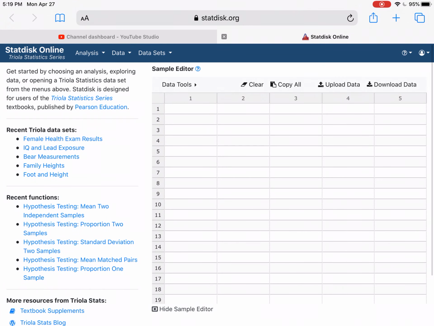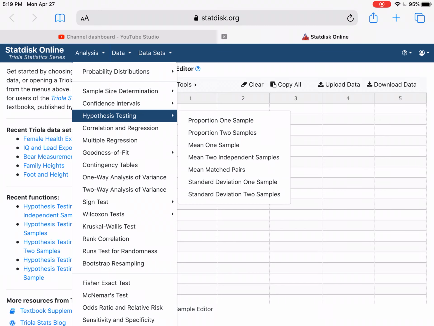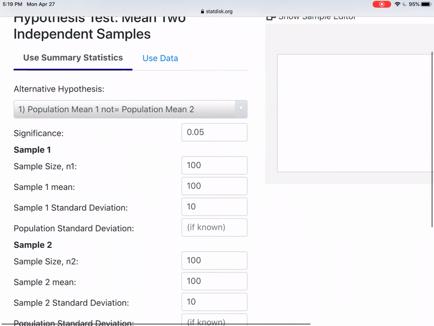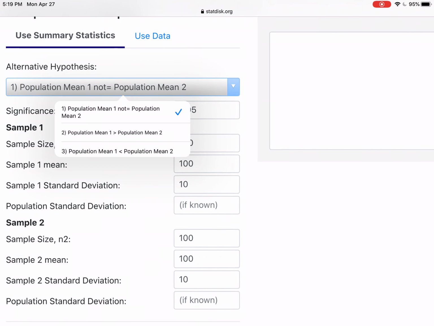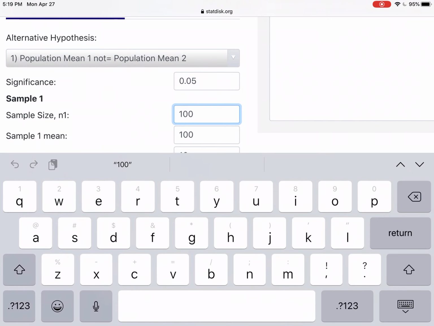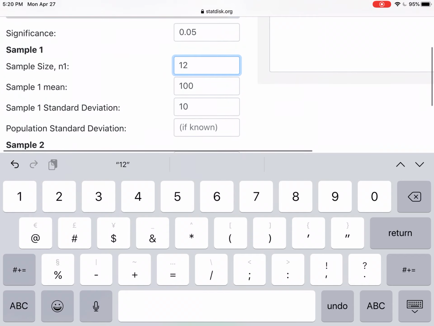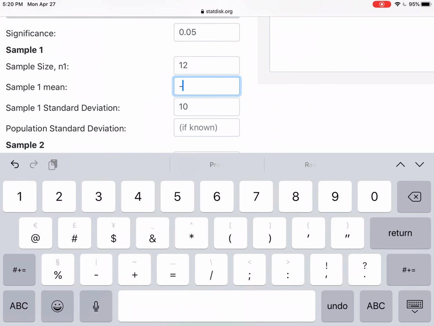So over in StatDisk, we choose Analysis. We are doing a hypothesis test. That hypothesis test is mean, two independent samples. Our alternative hypothesis is that the population mean 1 is not equal to population mean 2, so that is correct. Significance level is 0.05. We have 12 as sample size 1. I don't remember what this value is, it's a negative.